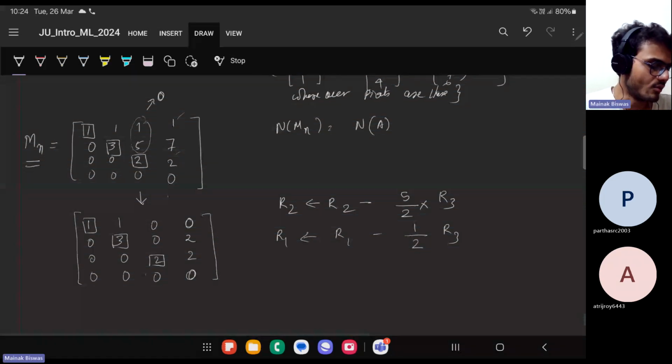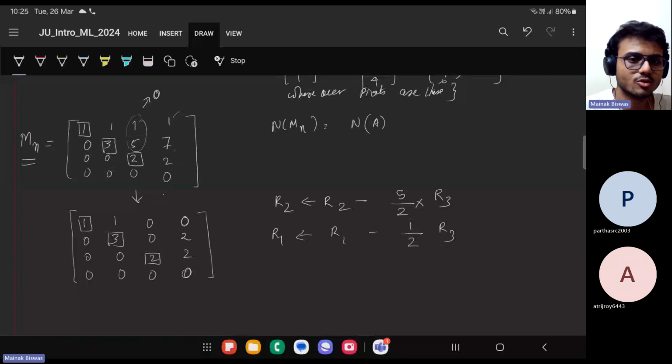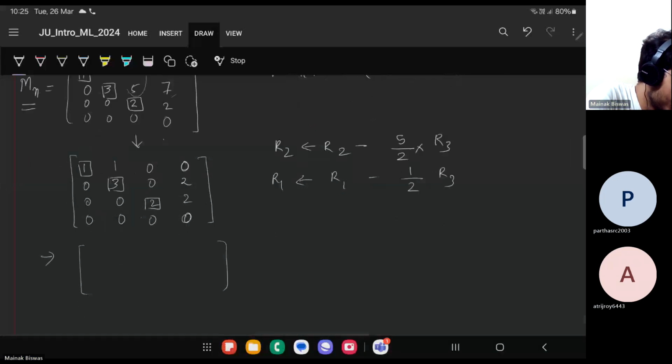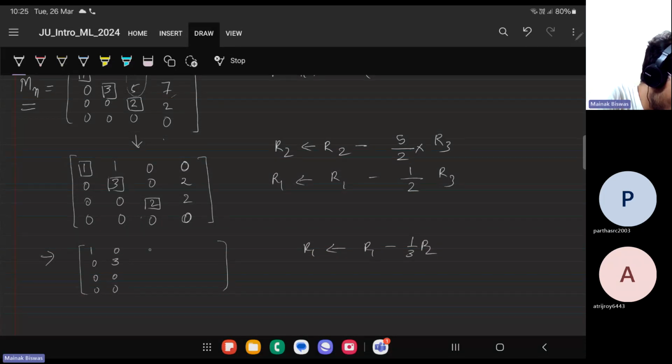Now tell me what is left to be done. Or 3. So what will be the next step? R1 is equal to R1 minus 1 by 3 R2. 0 3 0 0, 0 0 2 0. What will become the first column? It will become minus 2 by 3.